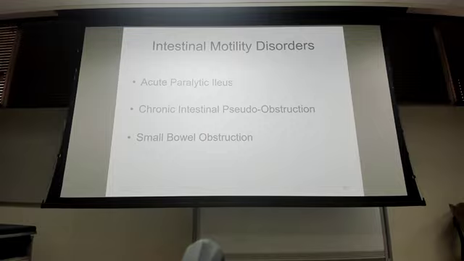The three big things we're going to talk about are an acute paralytic ileus, a chronic intestinal pseudo-obstruction, and small bowel obstruction, not to be confused with SIBO by acronym. SBO, small bowel obstruction, does not equal SIBO, small intestinal bacterial overgrowth. And then also we'll talk about intussusception.